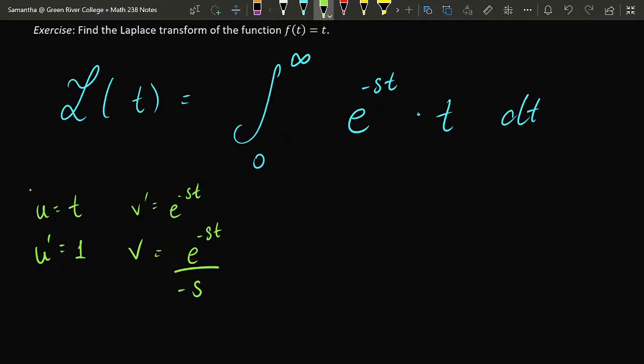So the integration by parts formula says that your antiderivative can be found by taking u times v and subtracting the integral of u prime times v.